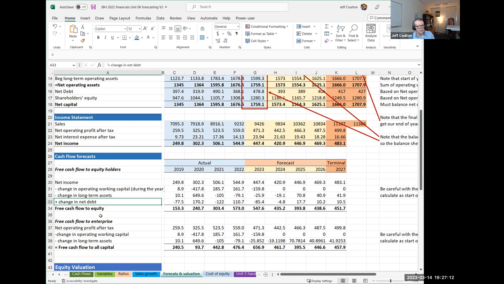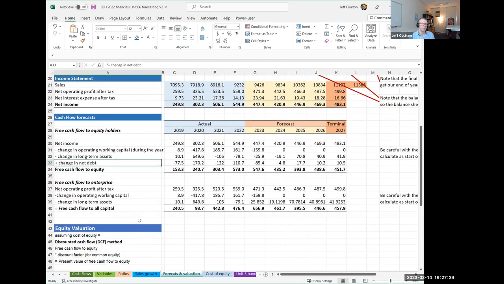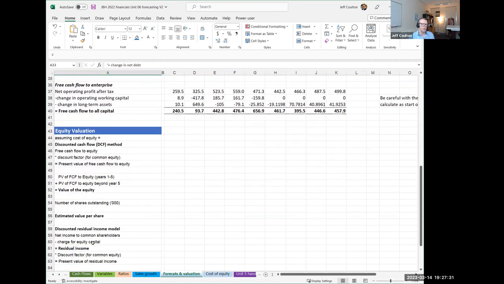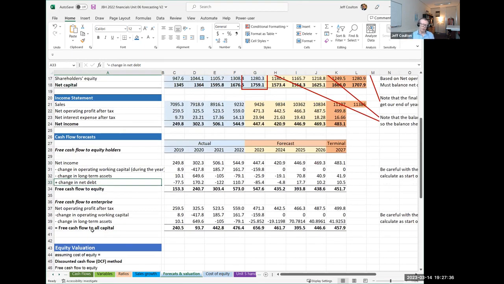So I'm not interested in interest being paid, and I'm not interested in changes in debt, but it's the same underlying logic that I'm going to apply to generate a free cash flow to the enterprise. And what we'll be talking about in the coming weeks is, okay, I can value the equity, or I can value the enterprise, and then I can start comparing that with ratios like enterprise value to EBITDA or equity to earnings, so a price earnings ratio.